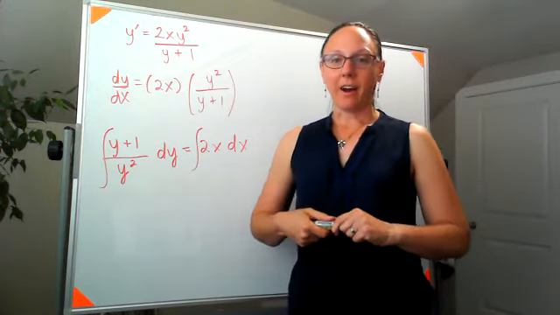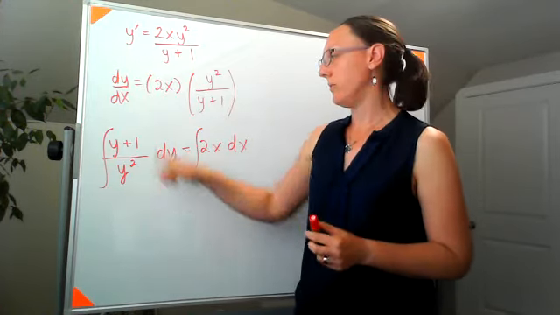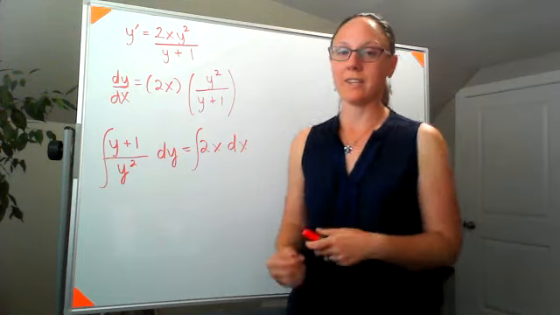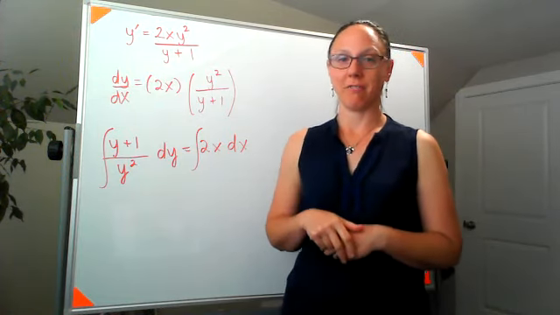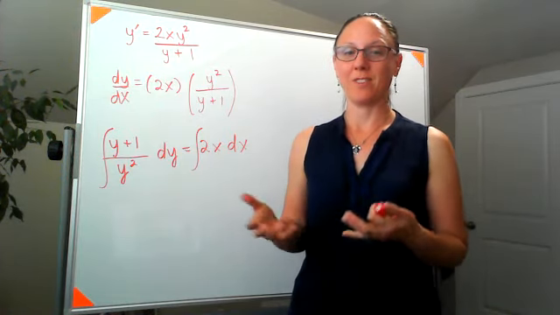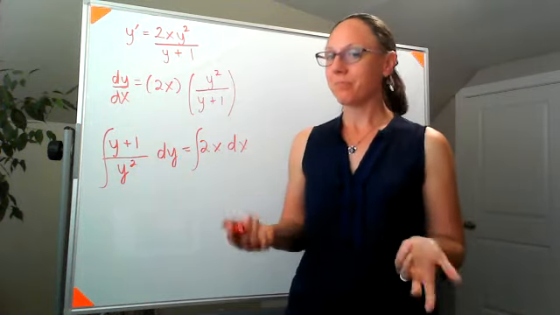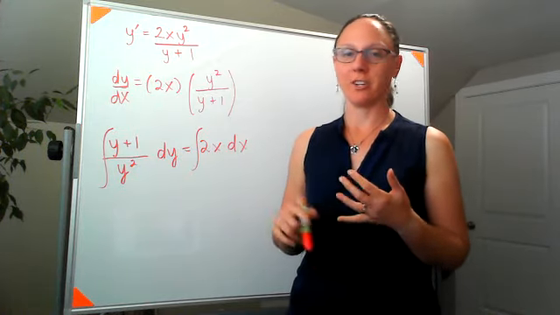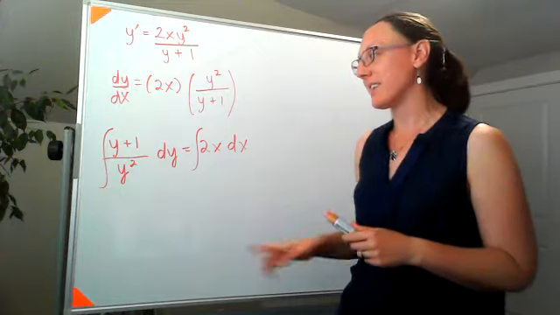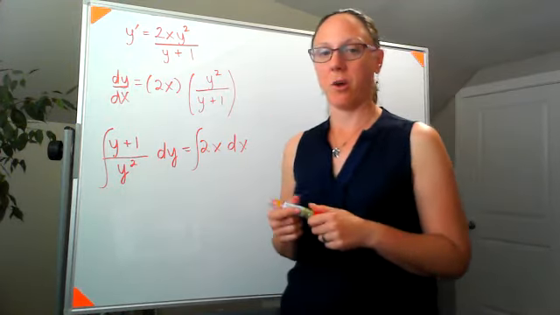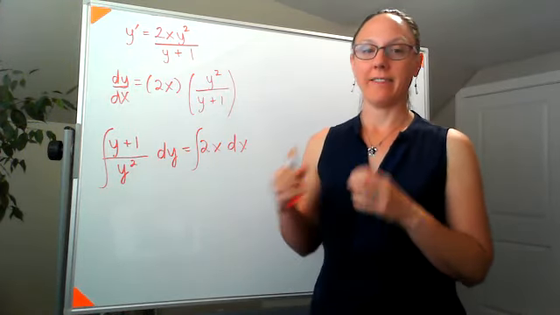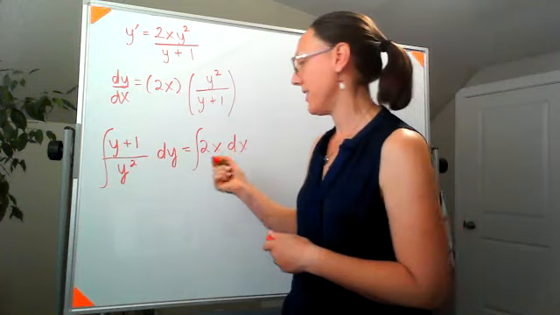So this guy right here, if I'm going to integrate this, I'm going to walk up to it and say, is it algebra, trig, or a mixture of stuff? Well, it's just algebra. Now, even though it's a fraction, I'm not going to go to partial fractions or long division because I have a single thing in the denominator, which means I can actually write that as two separate fractions.